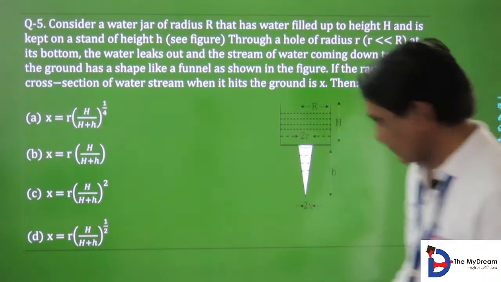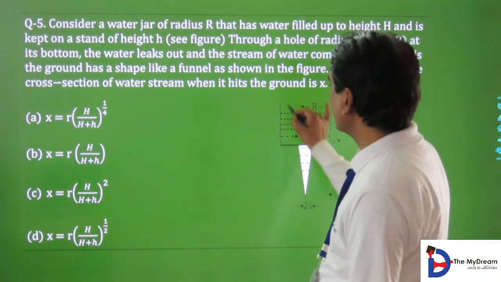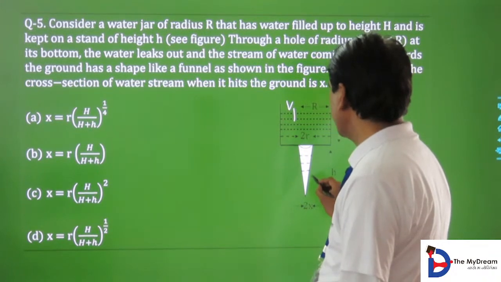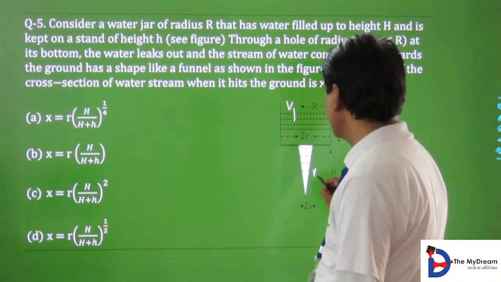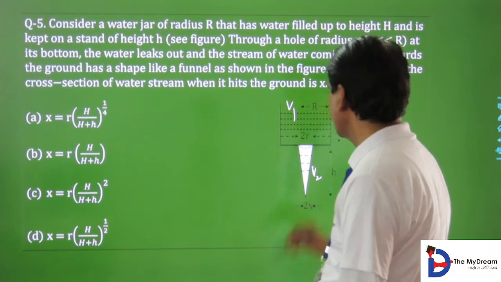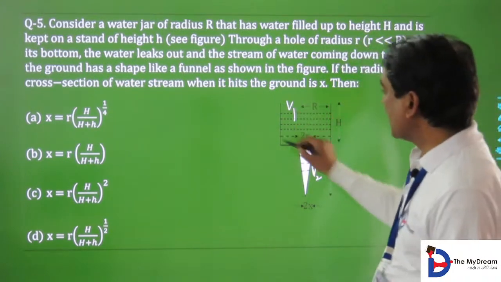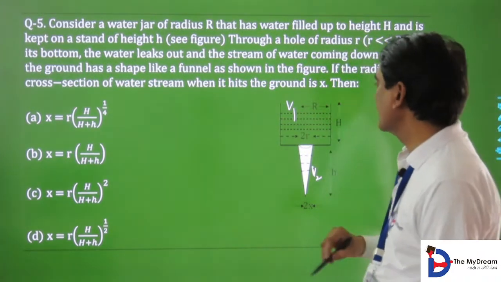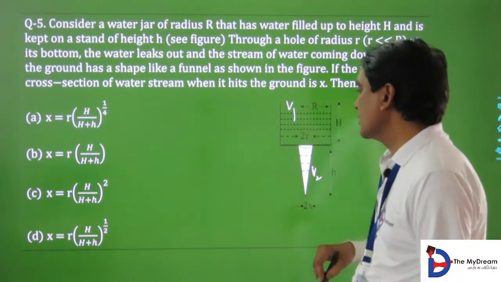You can consider the velocity v1 here and v2 here. In this jar, this is the initial velocity.